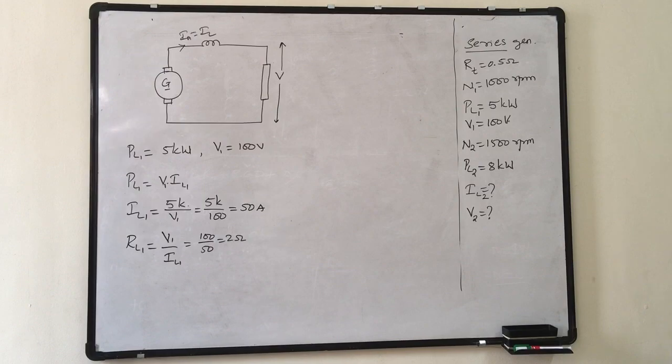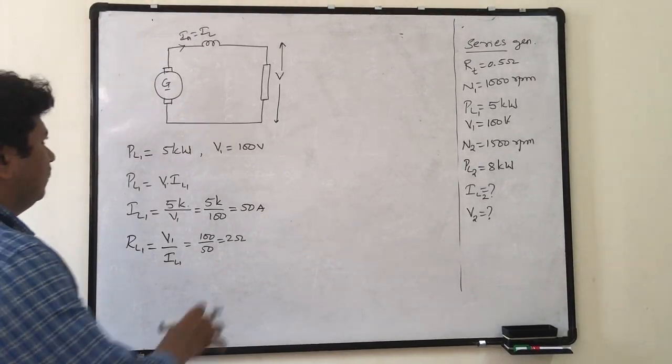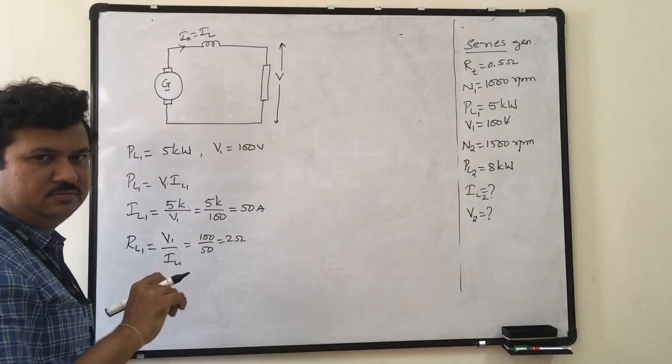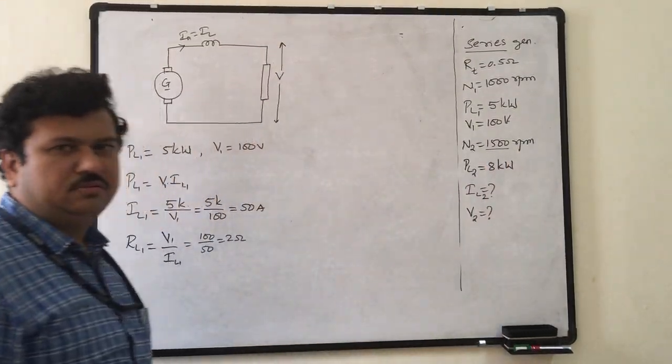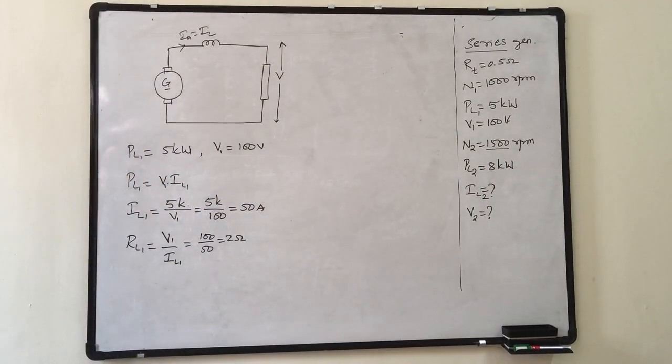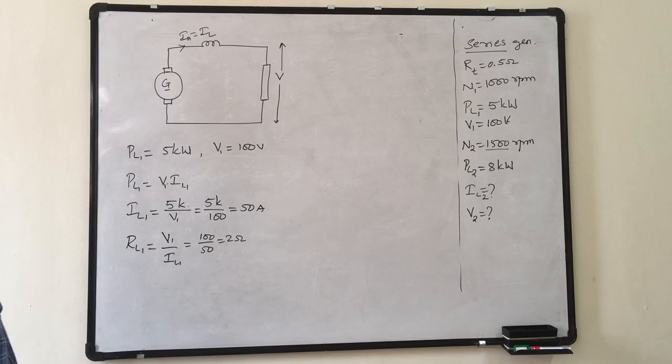So now what is happening in the second case is that for the same load I am increasing the speed. Therefore the power drawn by the load has increased, and that is 8 kilowatts.